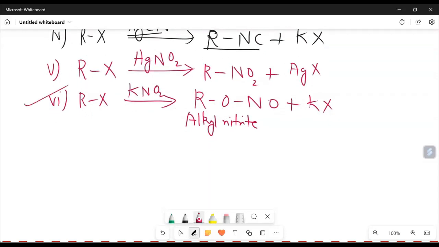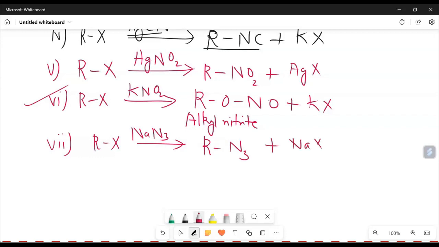So the seventh one is R-X in the presence of NaN3. It will form RN3, which is your azide, plus NaX.